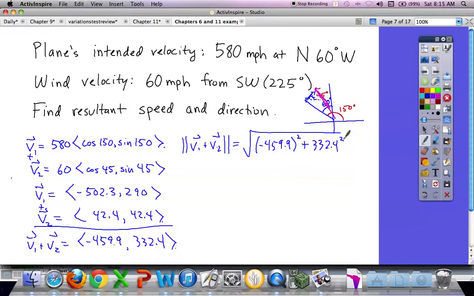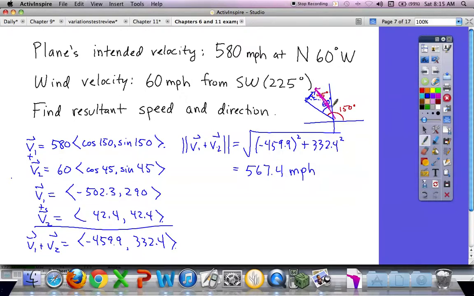Square root, I'm getting 567.4. So that is the miles per hour, the length of that vector.